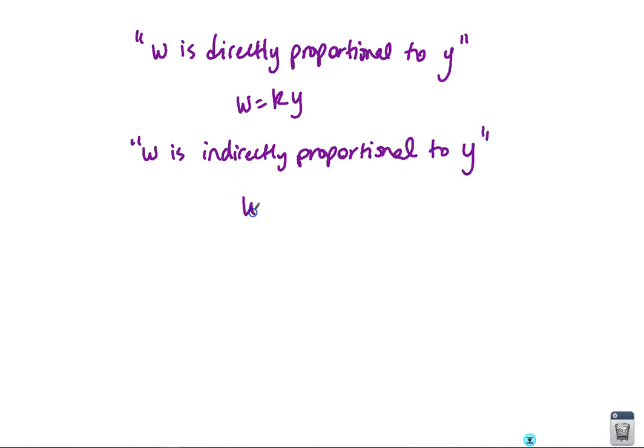If that is the case, W is going to be K divided by Y. All right? They're indirectly proportional.